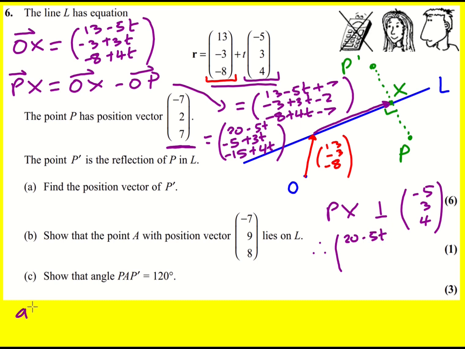The dot product, a dot b, equals modulus of a times modulus of b times cos theta. But here, theta is 90 degrees, so cos theta is 0, this all disappears, and that's how we get 0.